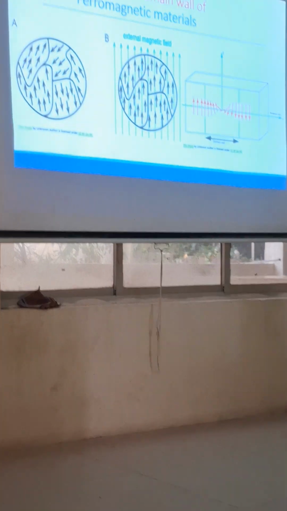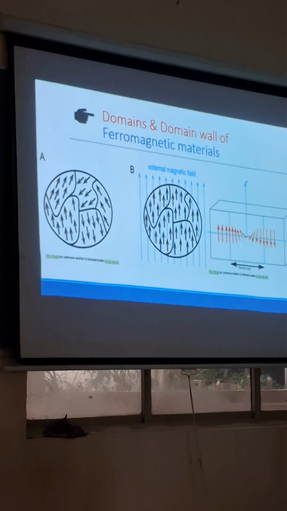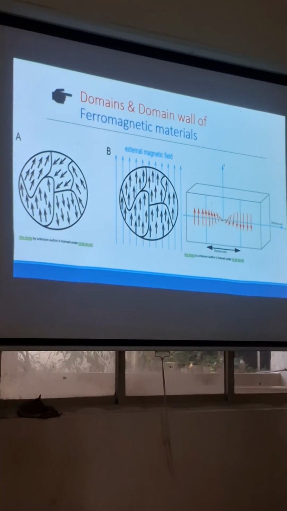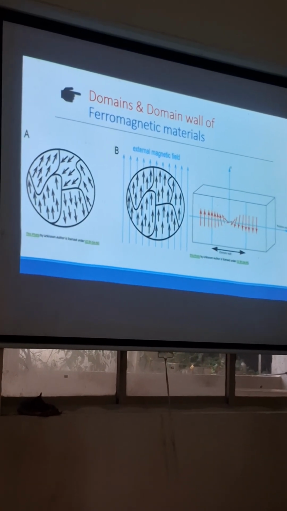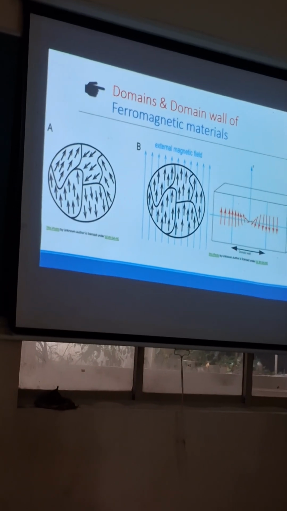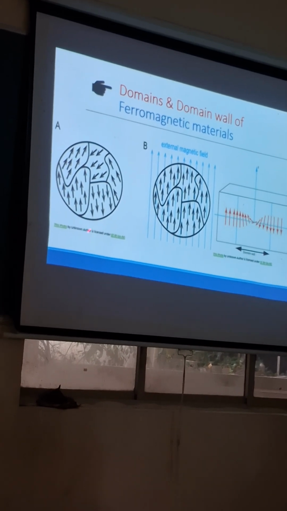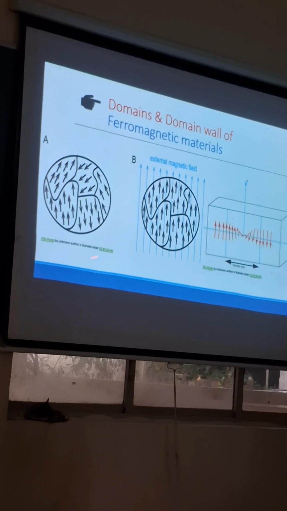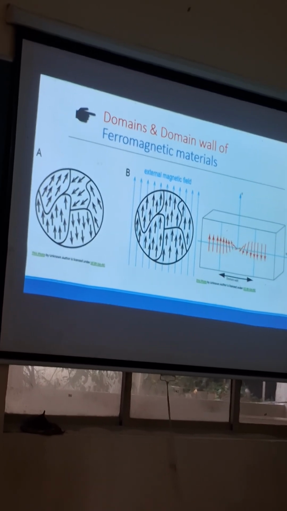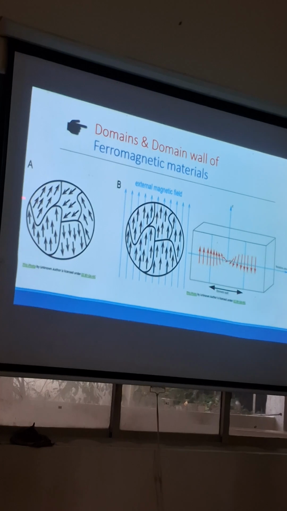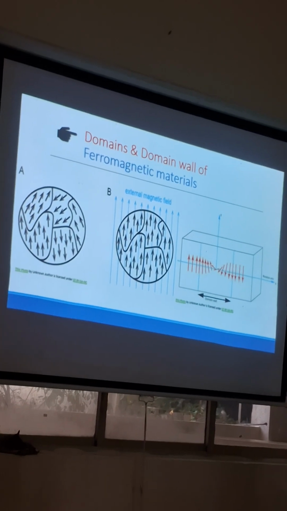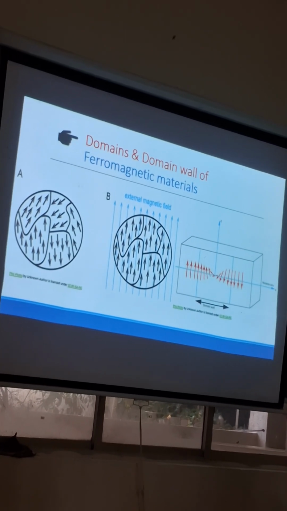Here, taking a ferromagnetic material, we have to see its domains and domain walls. A domain wall is nothing but a separation of multiple domains within a single material. As you can see, each domain has its own aligned spin. As before, this picture is before the magnetic field effects.